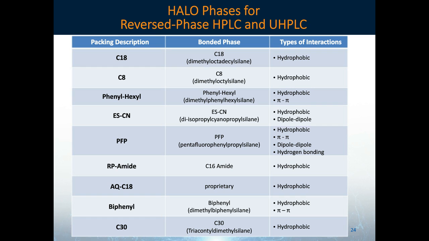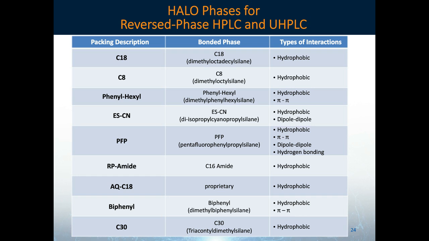So here I have a list of the Halo phases available for reverse phase HPLC and UHPLC. C18 and C8 are used for mixes of acids, bases, and neutrals, and many people, as you know, start with C18 for their method development. Phenylhexyl and biphenyl are used for aromatic compounds and can show some selectivity differences compared to your alkyl phases.